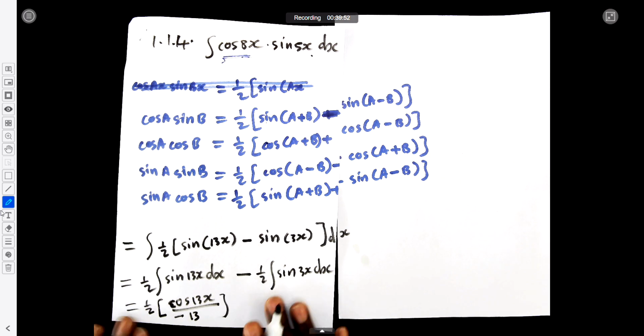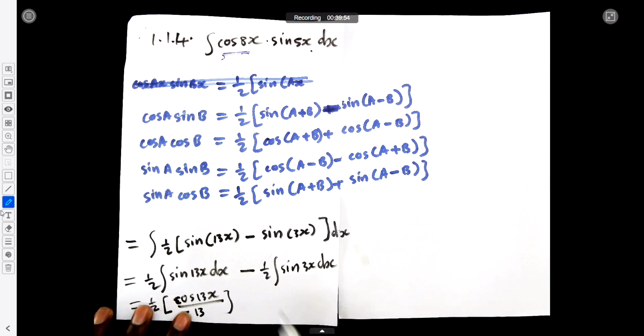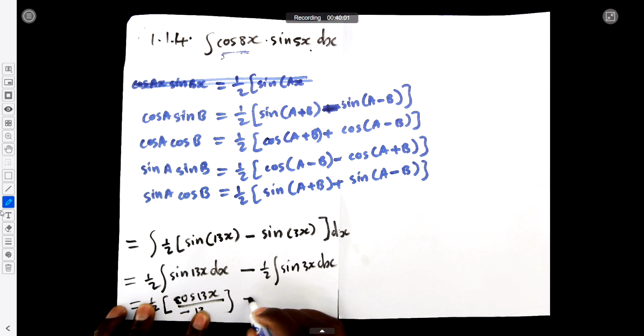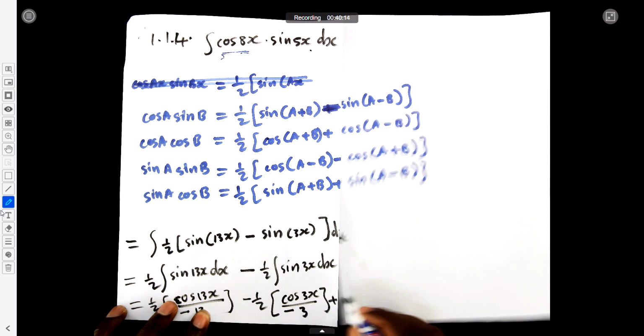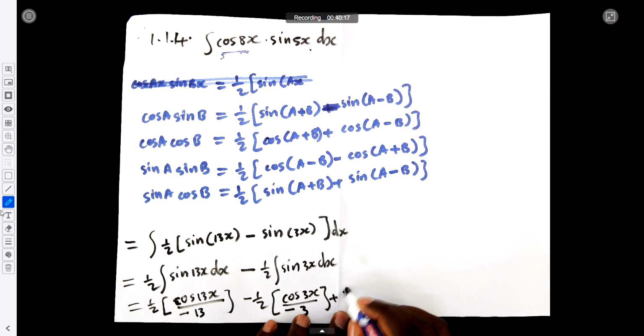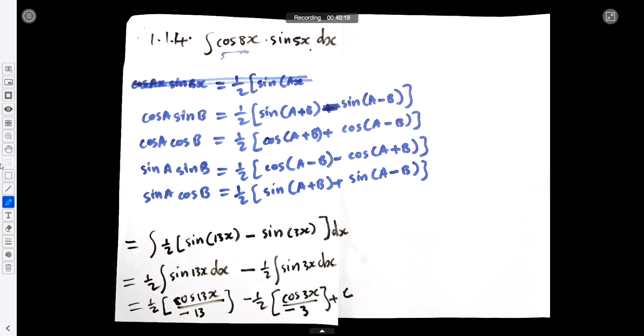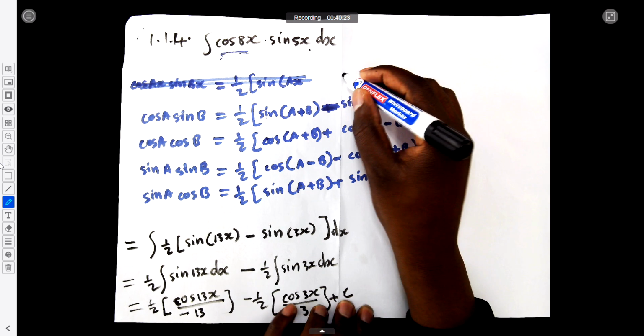Here you can do it in two ways. We have the negative sign already. You can just embed it and say positive cos. Or if you feel like you make a mistake, just say that integral of sine must be negative cos 3x all divided by that negative 3, plus c, plus the constant. The rest that we're left with is to simplify.